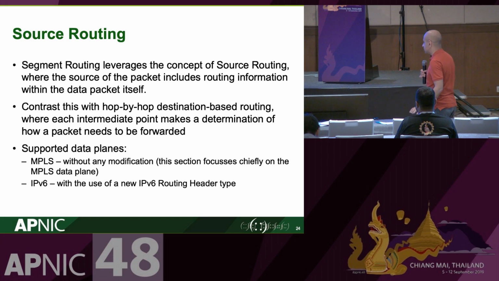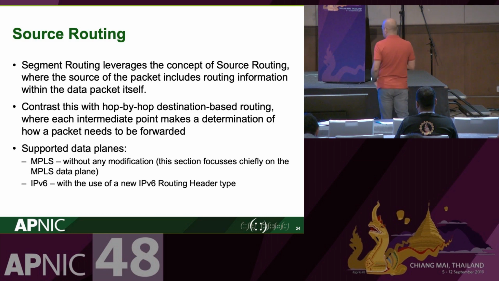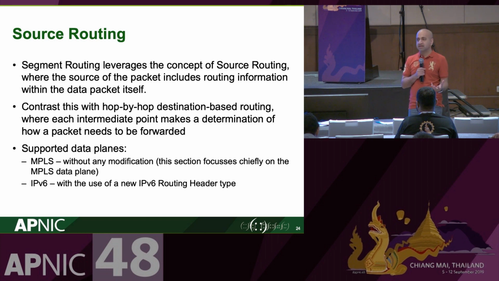Quite a change. So the way segment routing has been defined is to actually use a couple of data planes. And what we mean by data plane is really how the packet is constructed and how it is forwarded in the network.